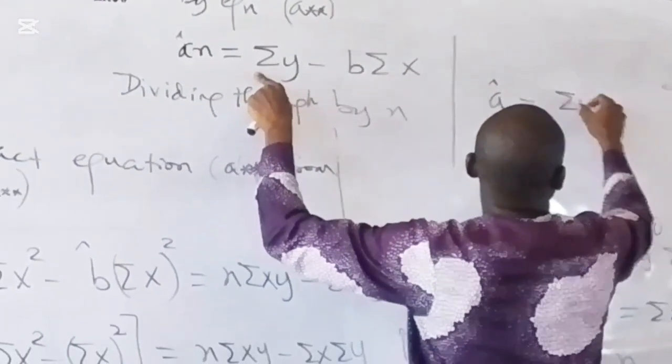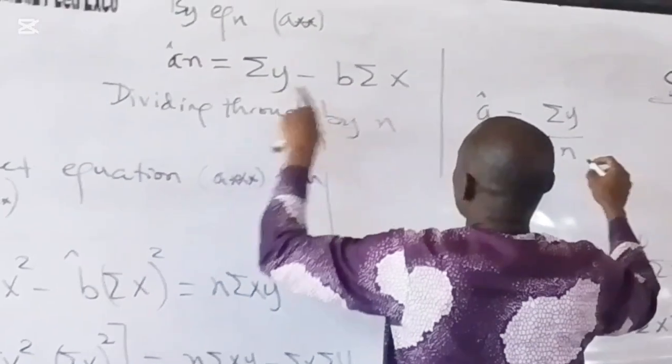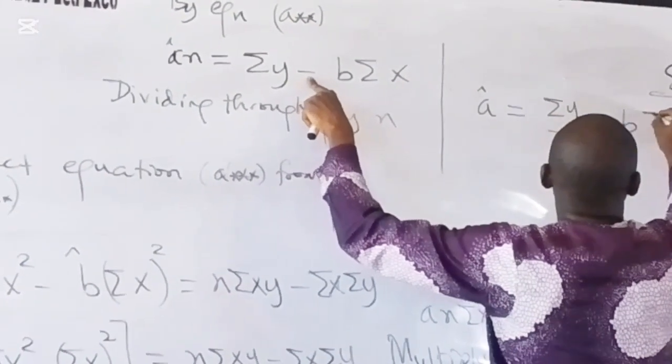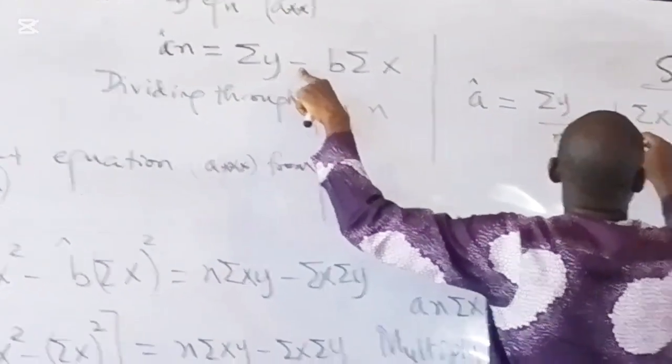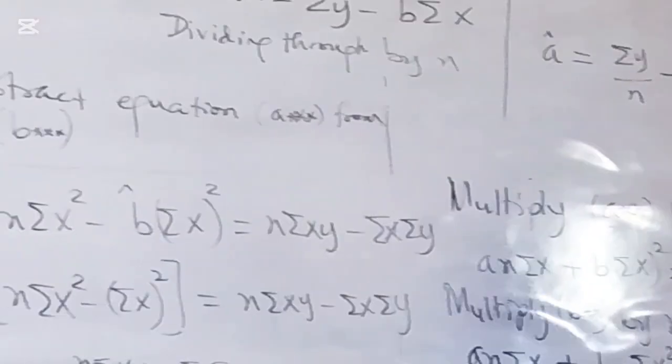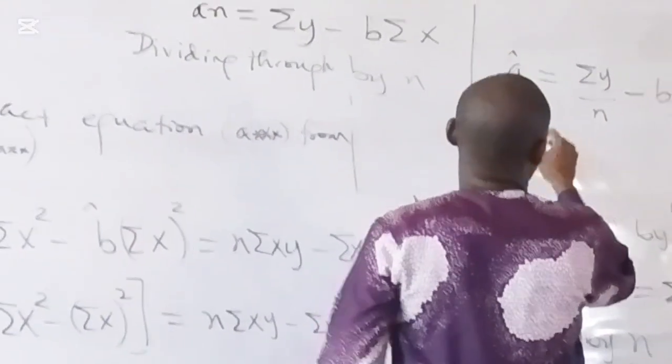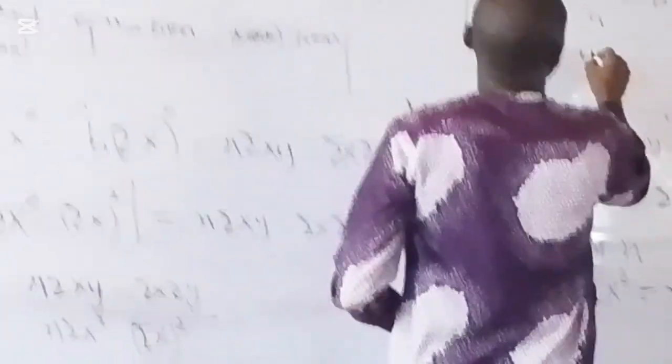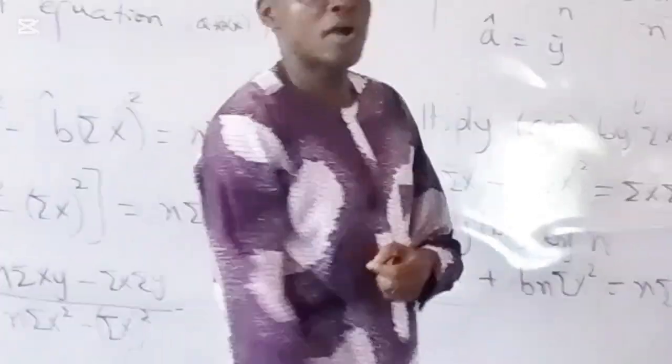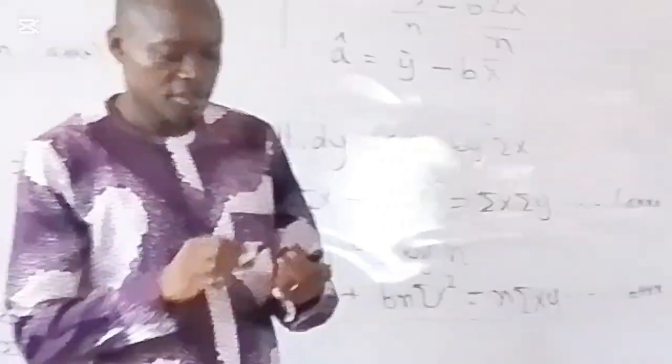We have sum of y divided by n minus b sum of x divided by n. The mean is summation y upon n, giving y bar, minus b summation x upon n, which is x bar.